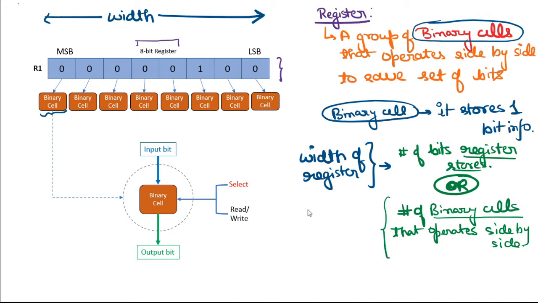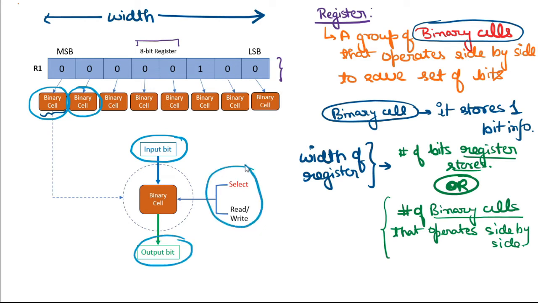Here we can observe that each binary cell, like this binary cell, this binary cell, since we called it atomic, means they're independent in nature. All the binary cells are independent in nature. Therefore each binary cell has its own input bit, its own output bit, and its own signal bits: select and read write.